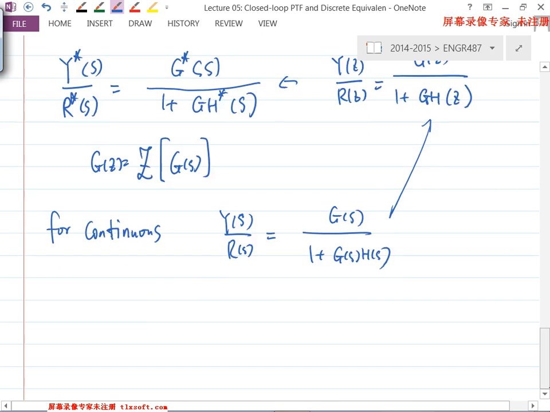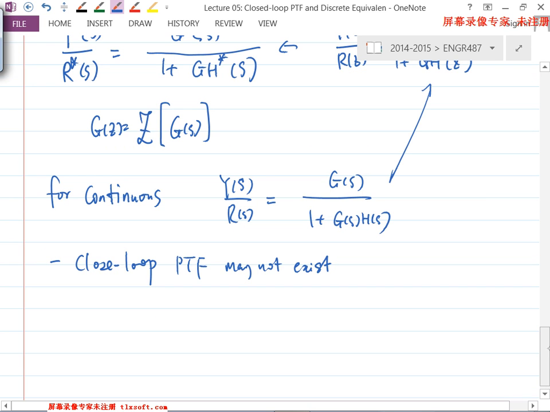So I'll put it here: closed loop PTF may not exist. You can take a look at page 112 of the textbook to see what kind of system doesn't have one.